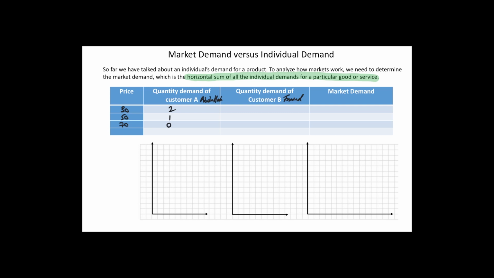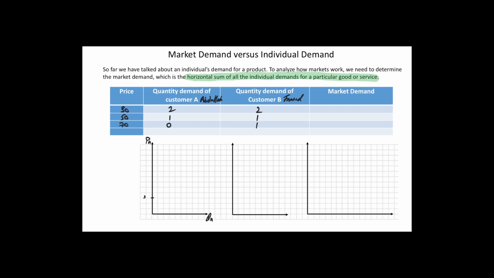If they ask me for 30 rupees, I would say I'll have 2. The price of 50, 1. And price of 70, 1 again. I'm not going to reduce it because I want to have one bottle a day, whether it's 50 or 70. All right. So on this note, we'll construct a demand curve for Abdullah.